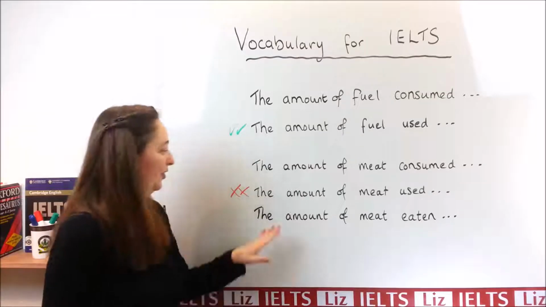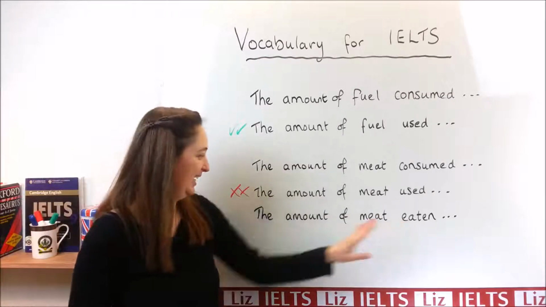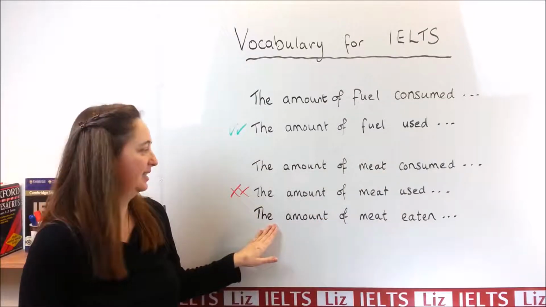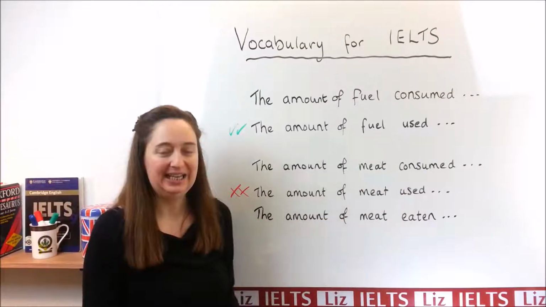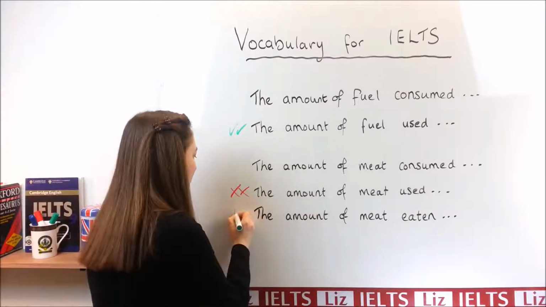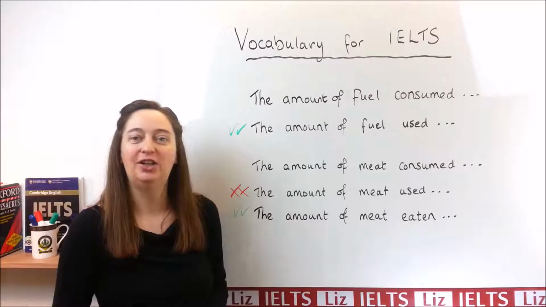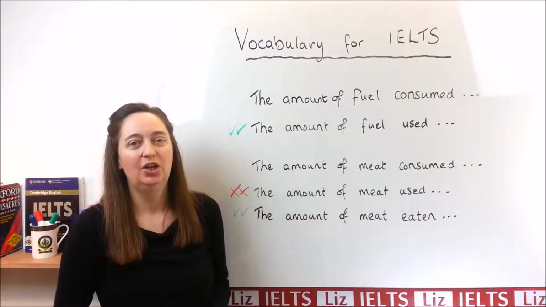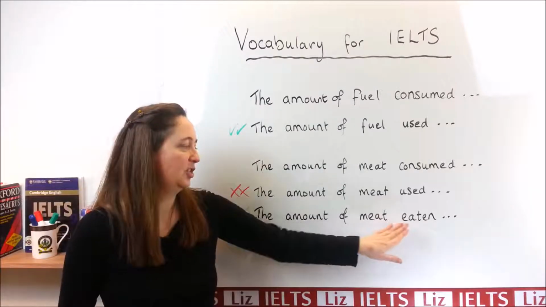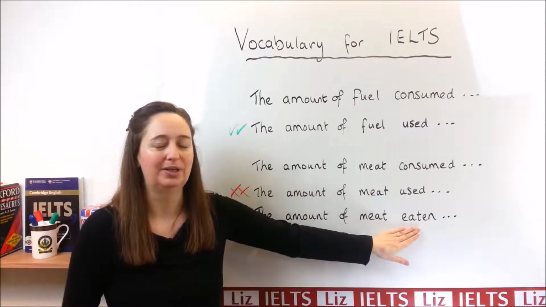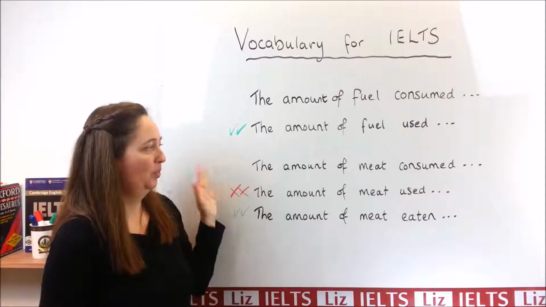And now we have the right synonym, which is eaten. So the amount of meat consumed should be written and paraphrased as the amount of meat eaten. So what we can see already is that you need to understand a lot more about collocations, which is exactly which situation a verb can be used. So what noun and what verb go together. So that's one example for task 1.